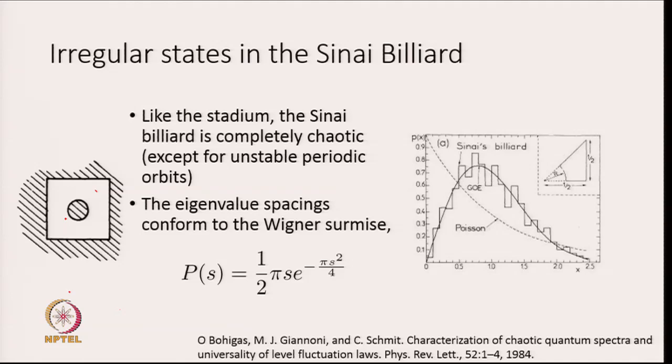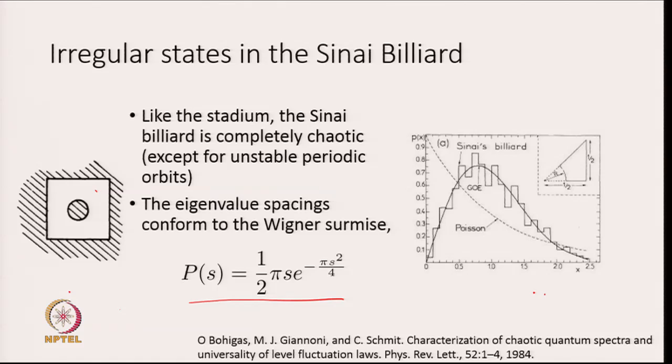There are no periodic orbits that are stable, and so there is no question of having some mixtures of tori and chaos. So the eigenvalue spacings for this really conform to the Wigner surmise, which you see over here is this particular curve that has been drawn, and again you find a histogram that has been drawn. The Poisson distribution is this exponential curve that you see over here, and the actual distribution is nothing like it.